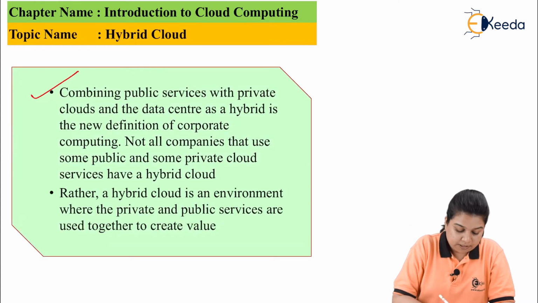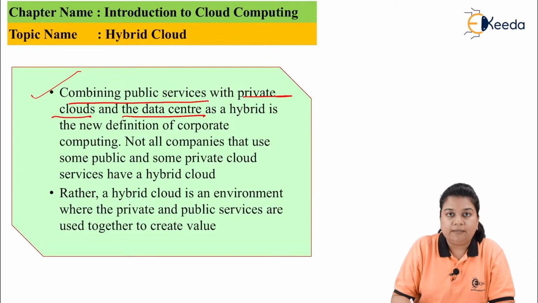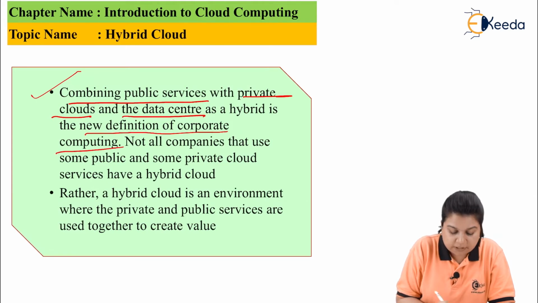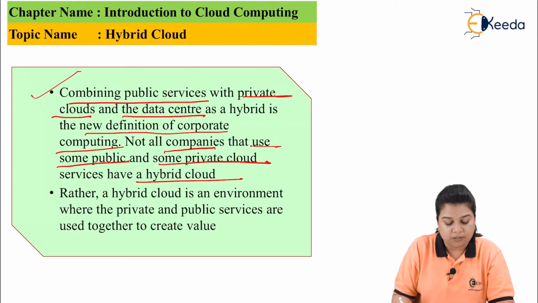Next point is combining public services with private clouds and the data center as a hybrid is the new definition of corporate computing. Not all companies that use some public and some private cloud services have a hybrid cloud.